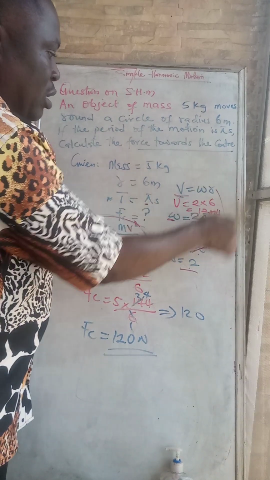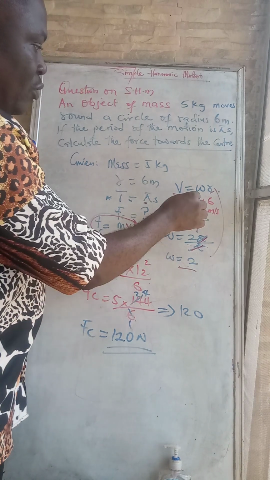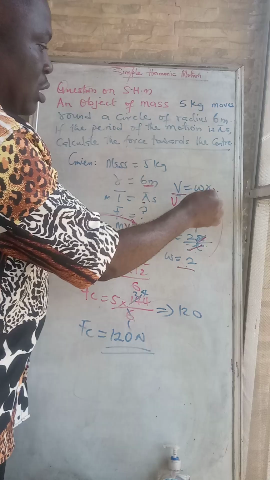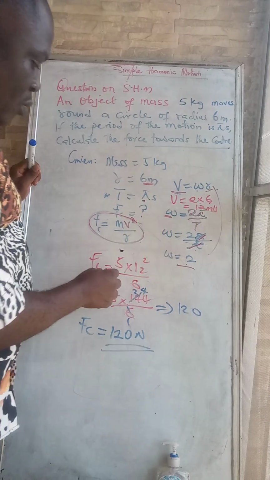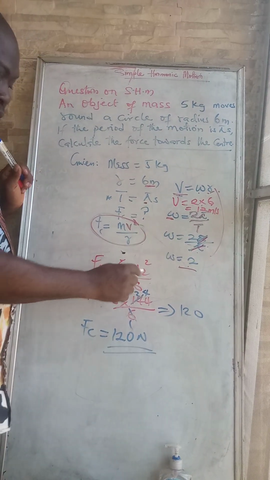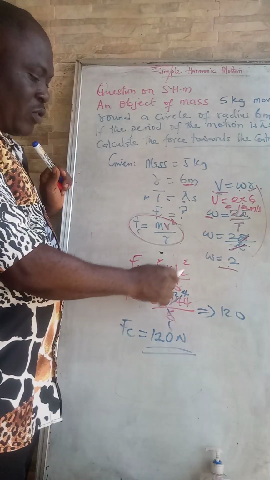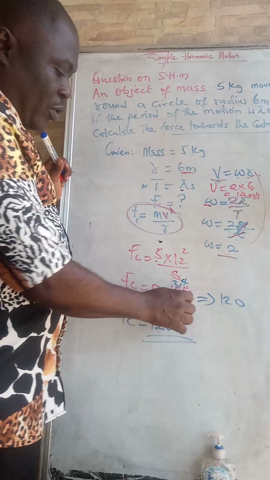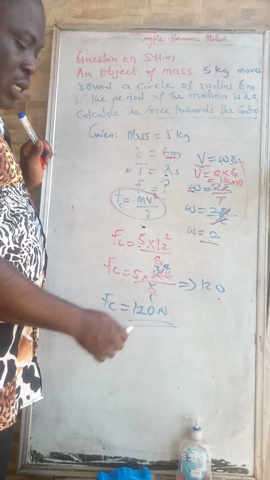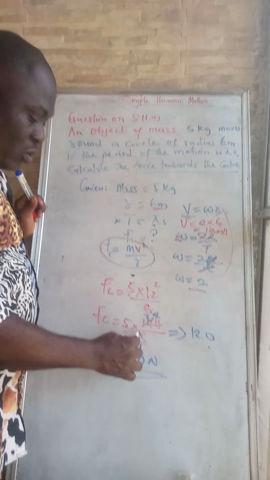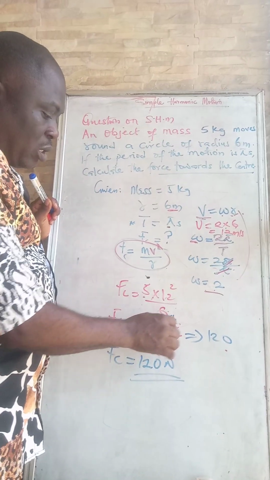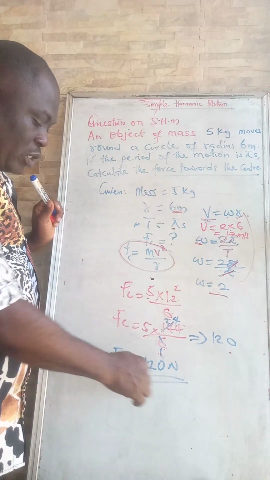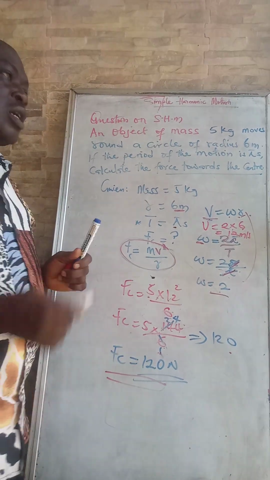We'll now take it back to this, which eventually gives us angular velocity 2 multiplied by the radius, 6, which is 12. So when we come back here, it becomes 5 times 12 squared all over 6, and we know that 12 times 12 is 144. You can multiply and say 5 times 144 divided by 6, and we'll still get this. But what I did, because without a calculator, 144 divided by 6 is 24, then 5 times 24 will give us 120, and that is how we got the force towards the center.